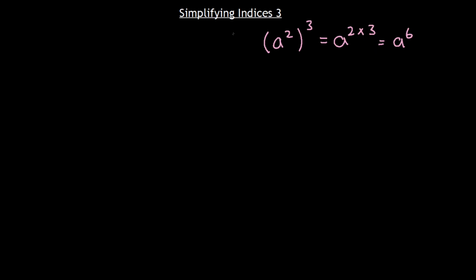Now, let's just refresh our minds with a simple example here on the left-hand side. So we're going to look at 3 cubed to the power of 4. Multiply the indices, so 3 times 4, and that makes to the power of 12. Now let's look at the algebra side of things. So let's see what happens when we have two terms involved.